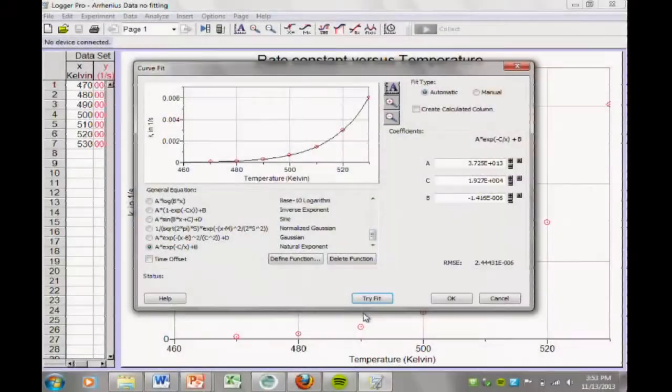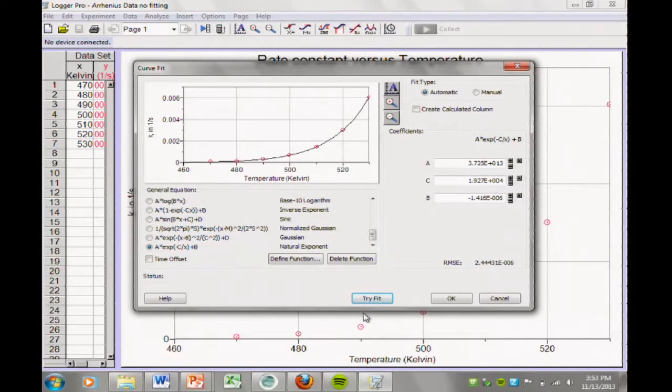I was curious about the computer program. There's like an RMSE value. Which one's that? I forget. The Logger Pro. I don't have my mouse, so I don't know how to do this. Alt-tab. Thank you. On that equation?